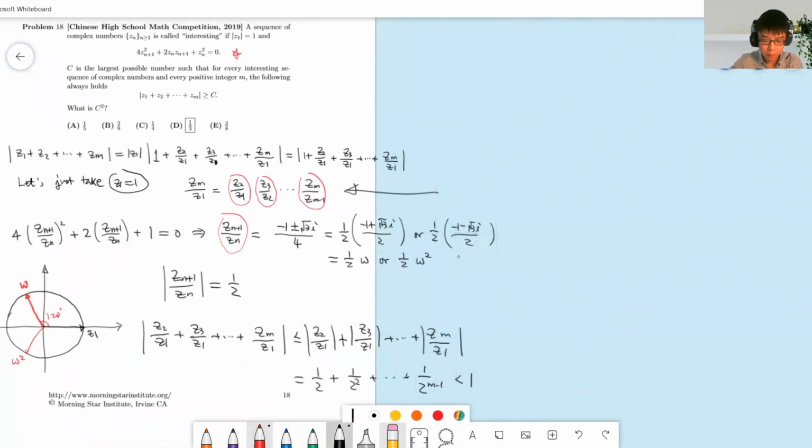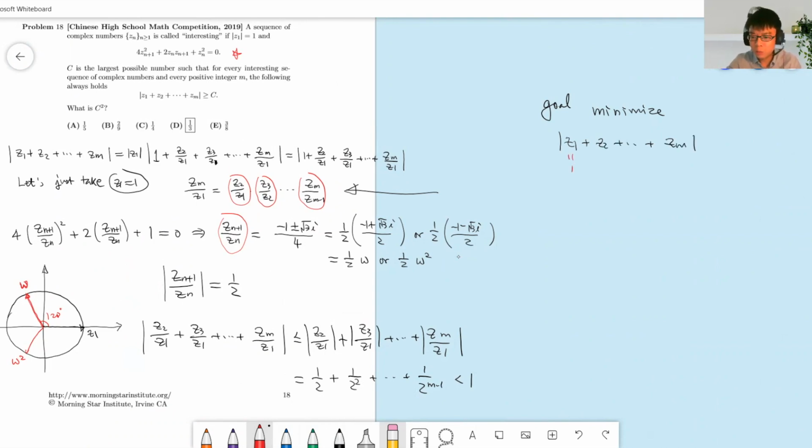Let's see what our goal is. The goal is to minimize this modulus. Let me just come back to the original notation. So Z1, Z2, up to Zm, right? Here we already have Z1 equals 1.